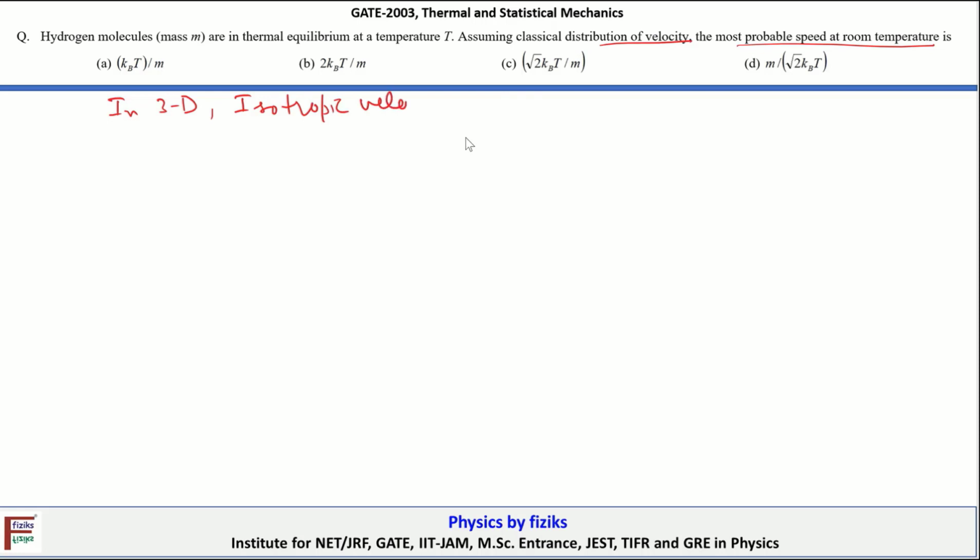Why? Because of the random motion of gas molecules.